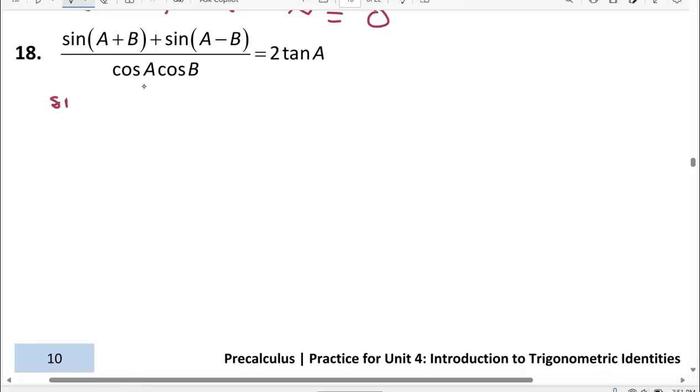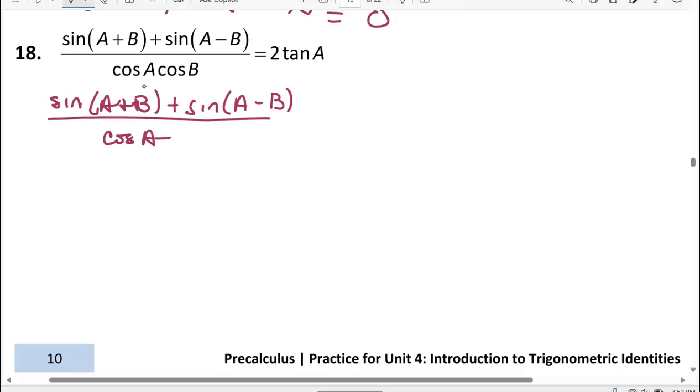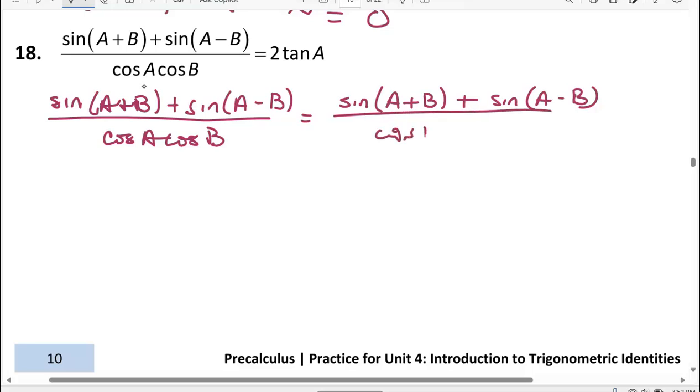So I'm going to start with the sine of a plus b plus the sine of a minus b all over the cosine of a times the cosine of b is equal to itself. Sorry for the lousy handwriting.